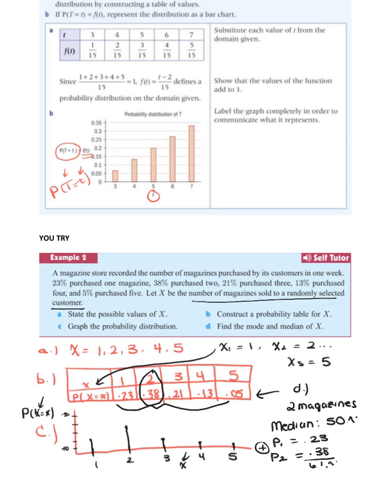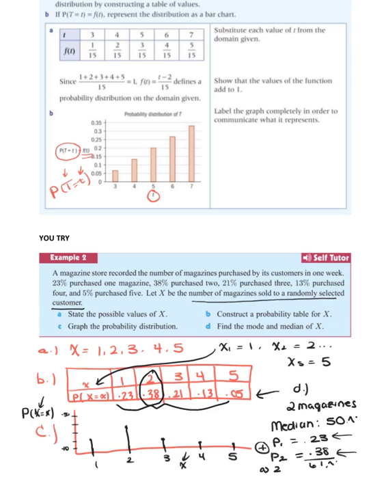Well, that's past 50%, right? If the median lies at the 50th percentile, where is it going to be? Well, it's not going to be at 1 magazine, right? Because that's only 23%. It's going to be at 2 magazines, right? Because 23% and 38% gives me something that's past 50%. So the median must lie here. So 2 magazines must be the median.